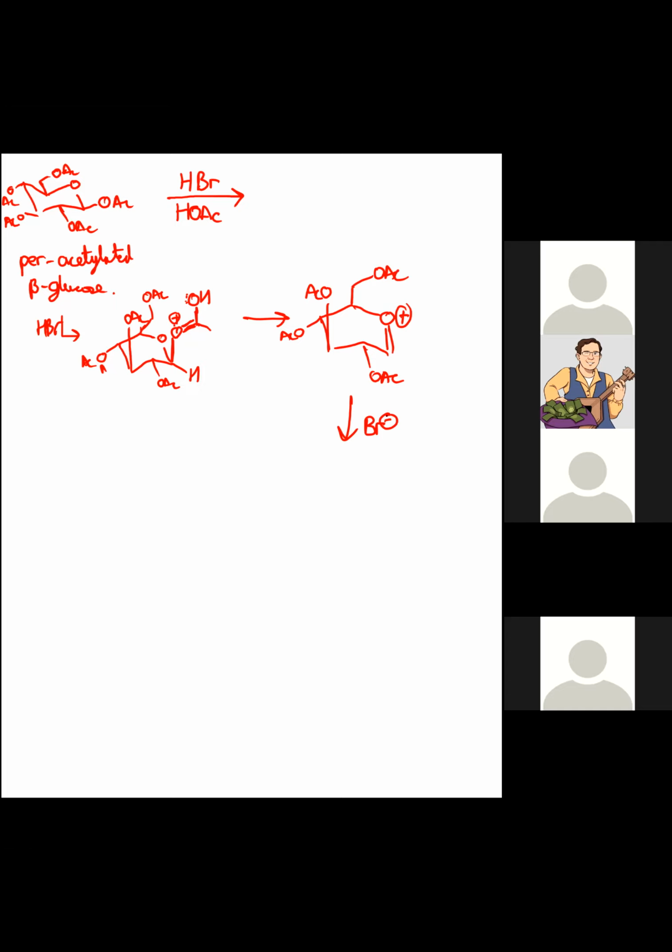And then we have Br minus. Now, that's not really the very stable boat, so the boat that we got from having the beta is going to tend to flip to the other boat. That'll give us the alpha, which is the one I'm much happier drawing.